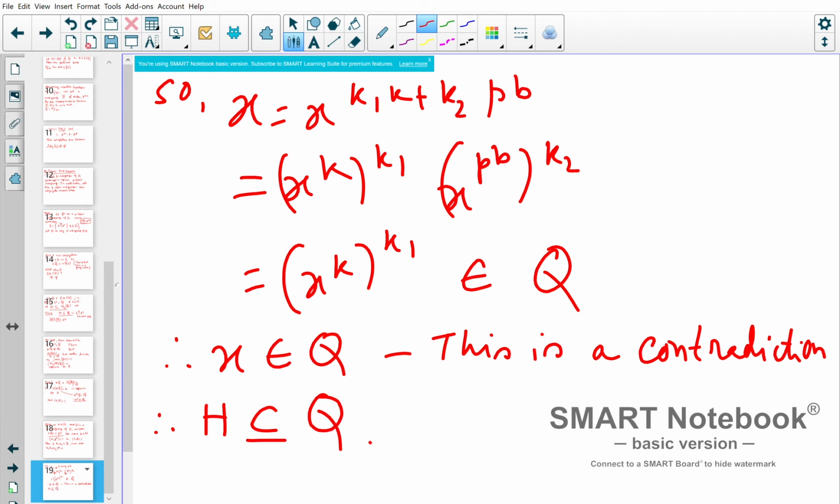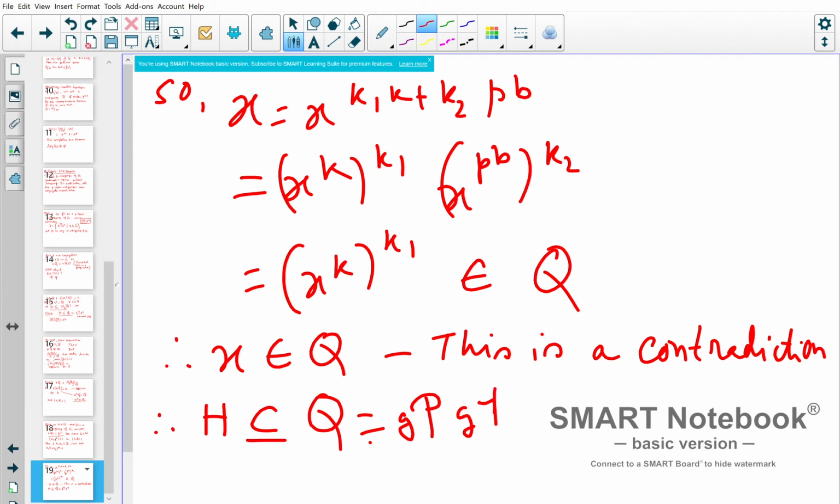So understood. Whenever you have a p-subgroup, it will be sitting inside some Sylow p-subgroup, which is some gPg inverse, for some g.